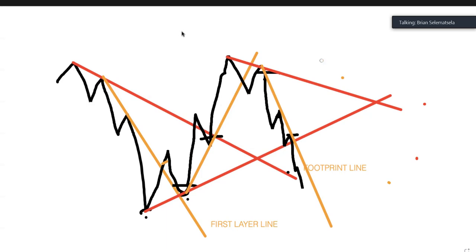Not immediately, wait for the retest, of course, and make a pullback, then be able to enter a buy, take it up like that. So this is how the market moves.